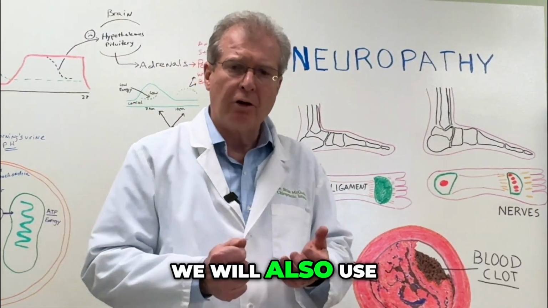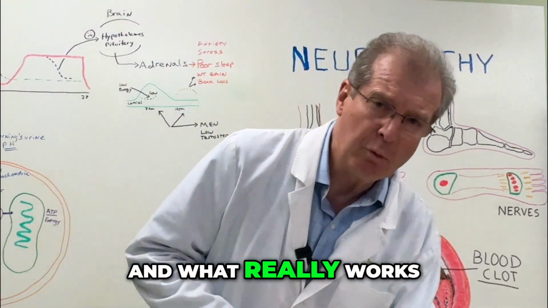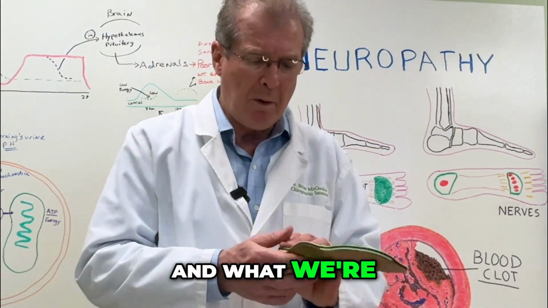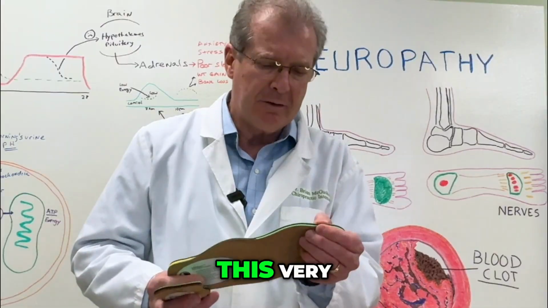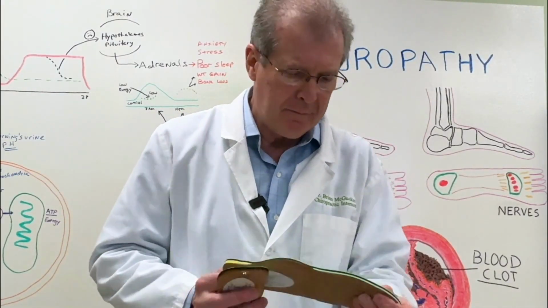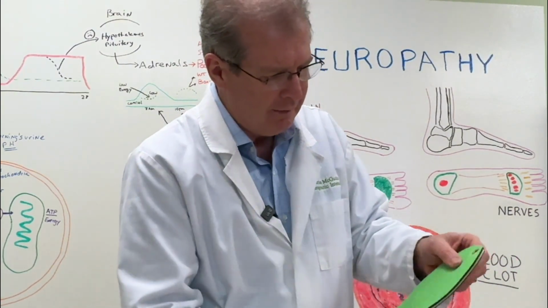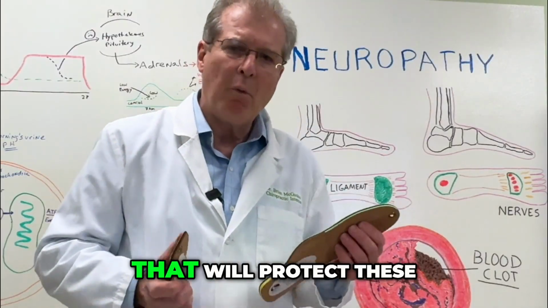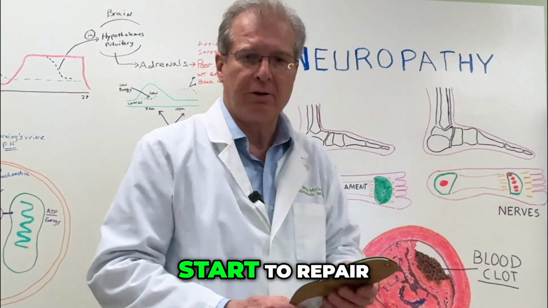We will also use exercises and stretches, and what really works quite well are orthotics, and what we're using this for is the padding. This is very, very well made with the impact resistant foams that will protect these pads so they can start to repair.